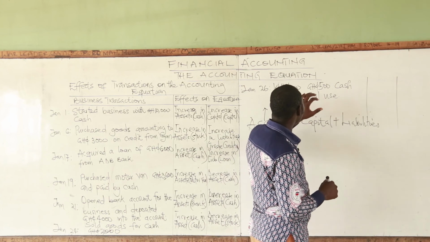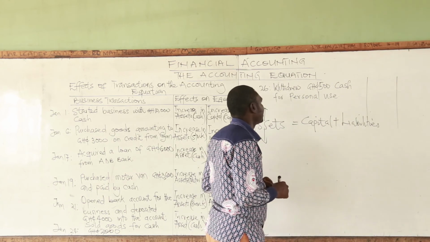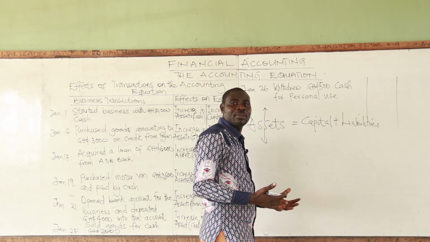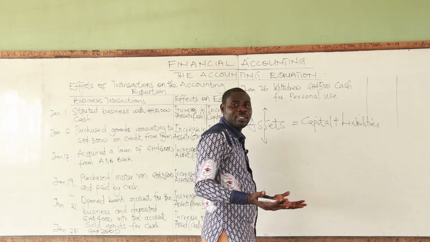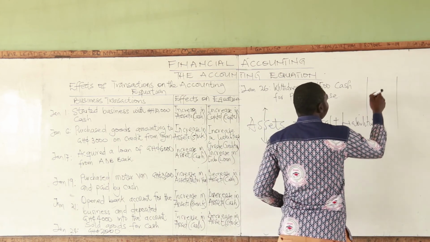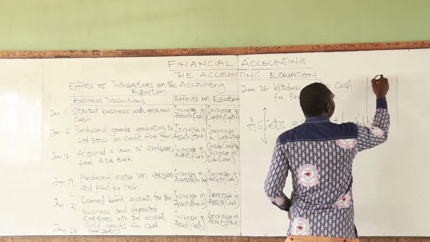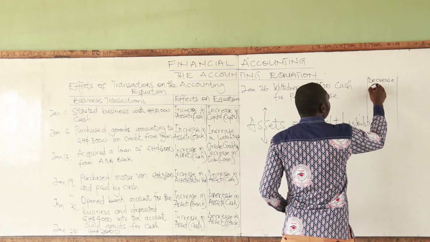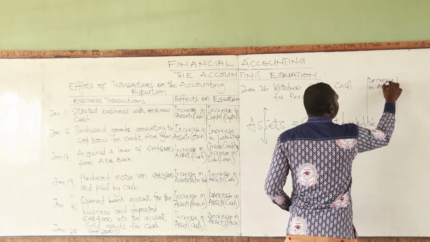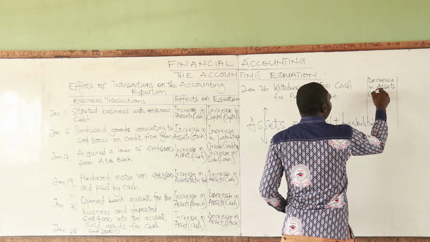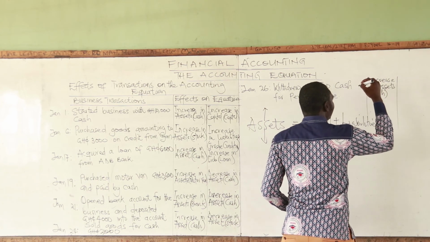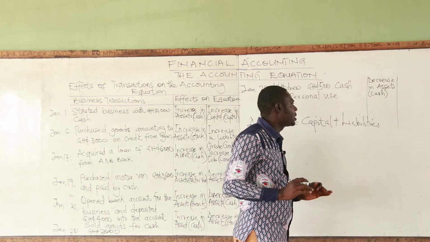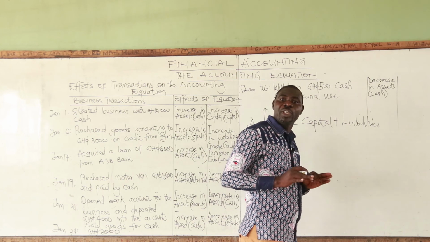Drawings. So let's look at how that will affect the accounting equation. The owner withdraws 500 Ghana cedis cash for personal use. He's using it for his personal activities. So we say there will be a decrease in assets in the form of cash. The owner has taken away cash, so cash in the business will reduce. Then the owner's capital will also reduce.